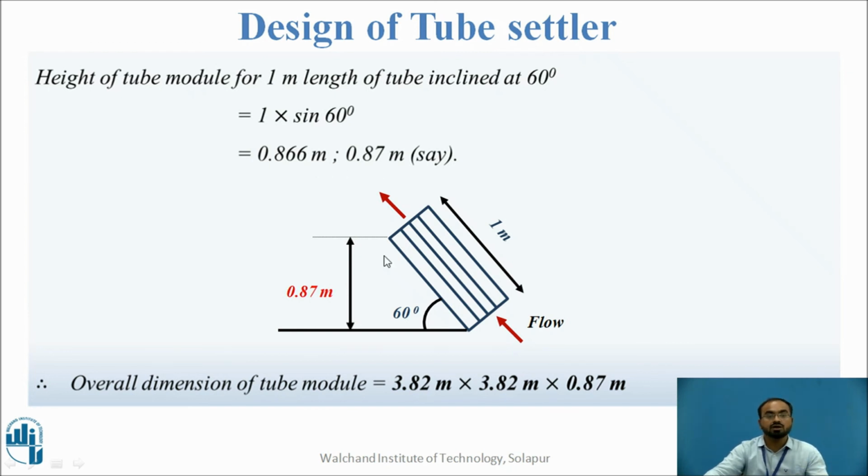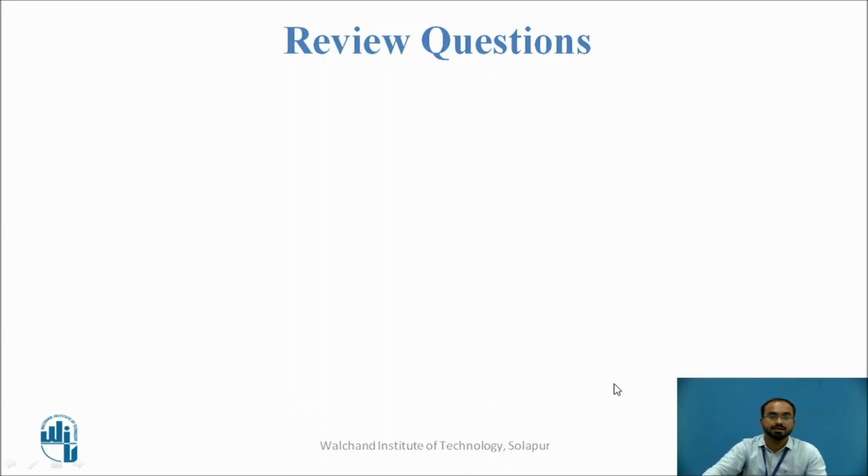So what is the overall dimension of the tube module? It will be 3.82 meters multiplied by 3.82 meters, that is the calculation we had done in the earlier slide, multiplied by 0.87 meters, that is our height.